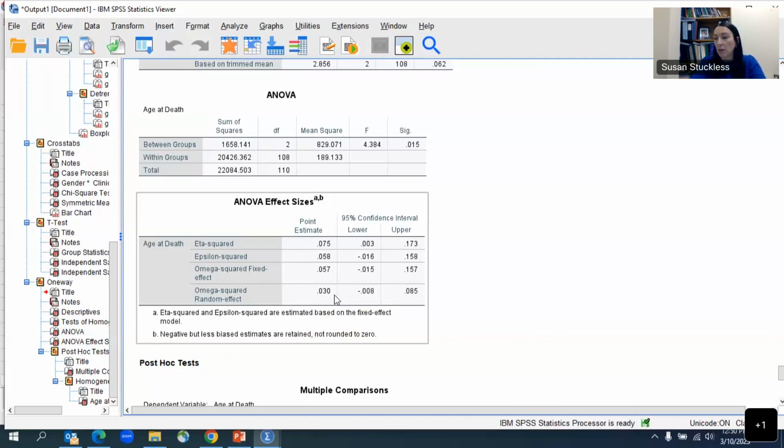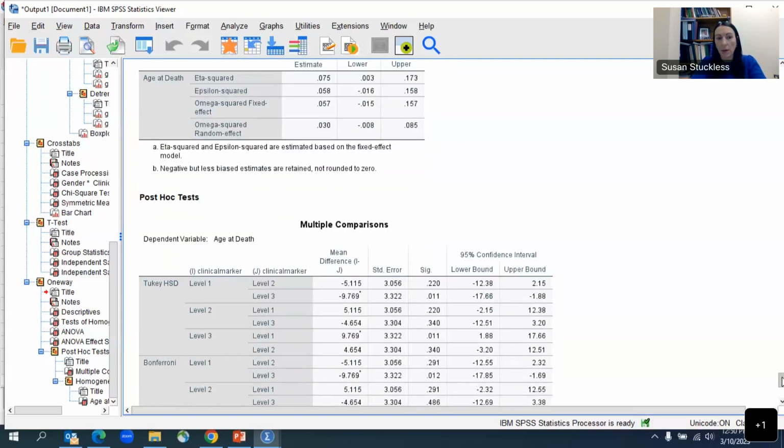For t-test, it's Cohen's d, and there are different values that are considered a small, medium, and large effect. These things can all be found if you want to Google them. So it's not necessarily showing a significance value, it's a point estimate. But yes, they will show a significance thing.